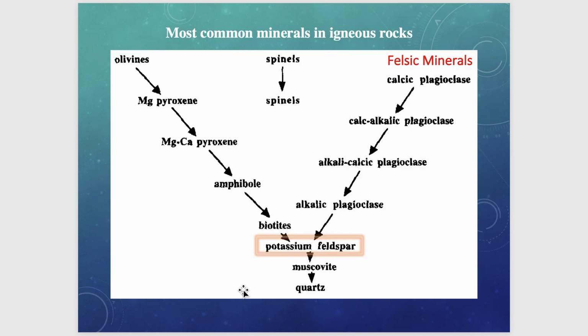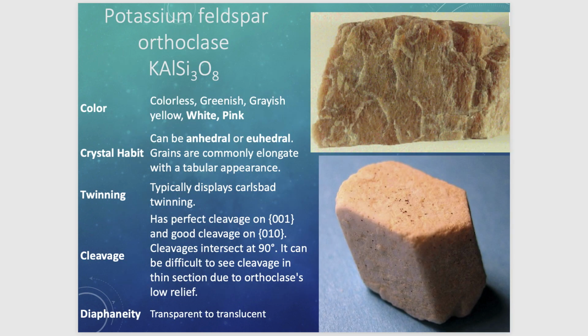So if we look at the potassium feldspar, you can see the difference in color, a major difference. This is really pinkish in color. That will help you significantly in the recognition of K feldspar. Many times you will find that the K feldspar occurs with this characteristic color.